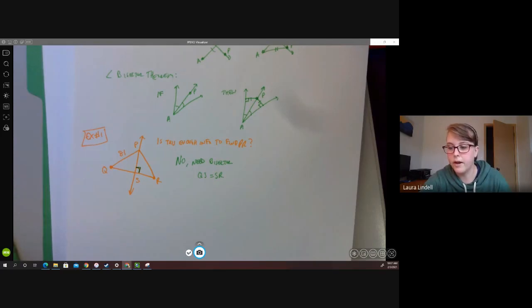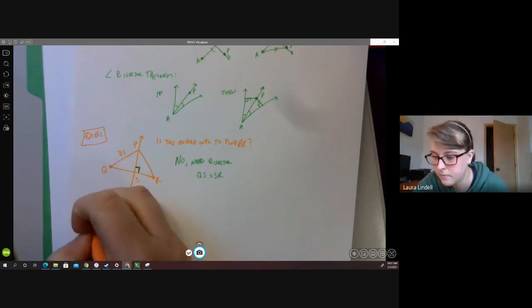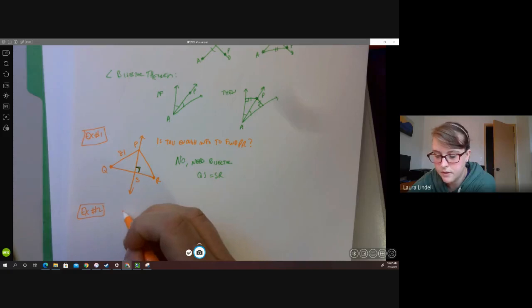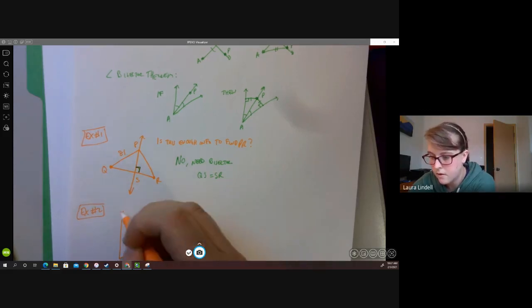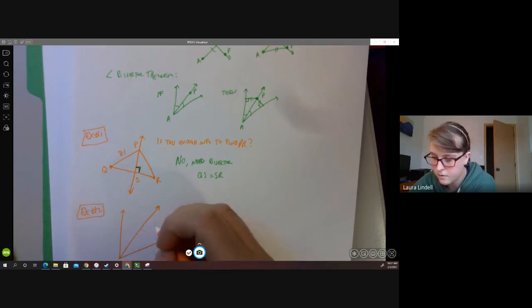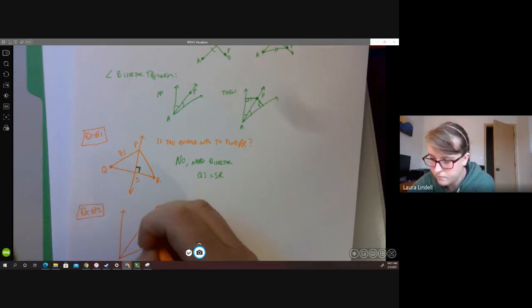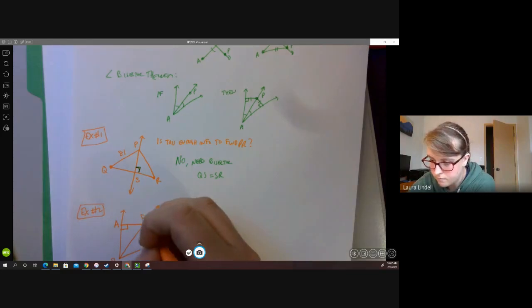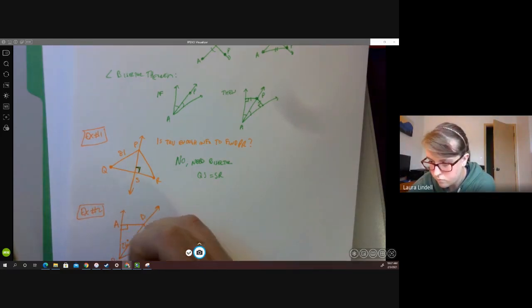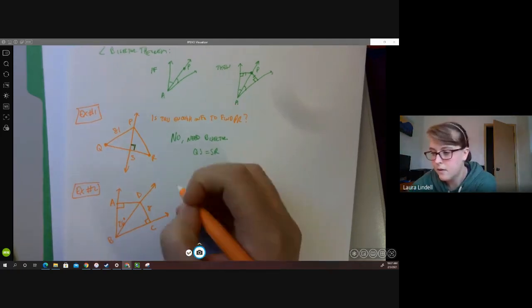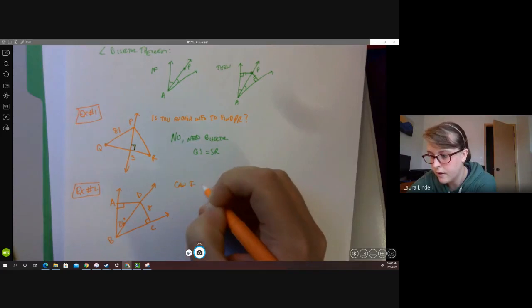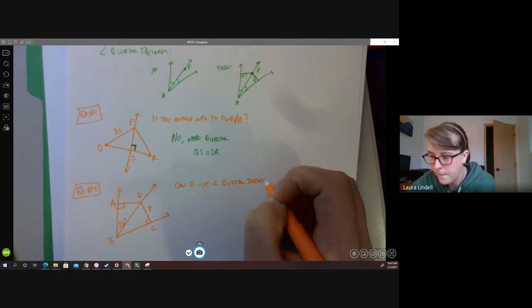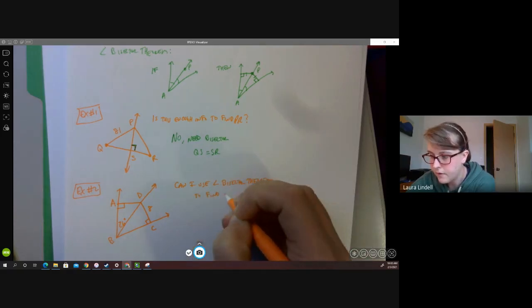Another example where there's not quite enough information. Can I use the angle bisector theorem to find AD?